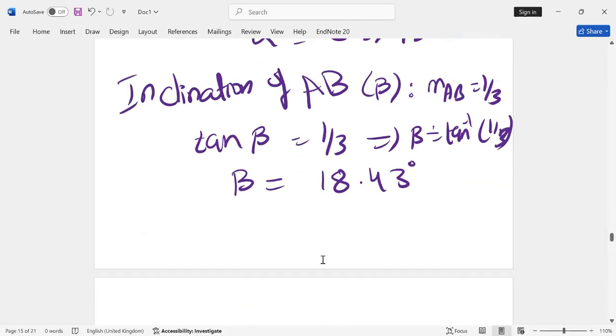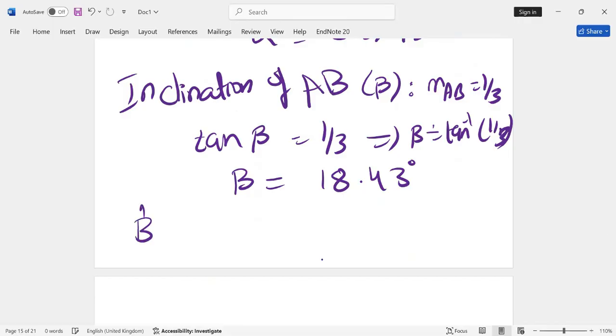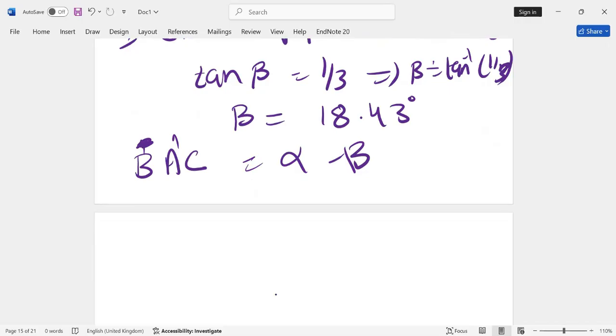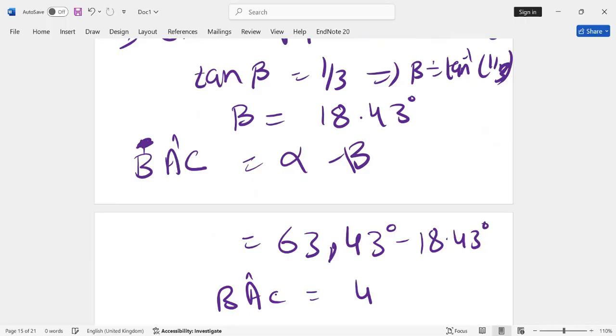So we have to calculate angle BAC. We have BAC equals alpha minus beta, as we wrote at the start. So the alpha value is 63.43 degrees minus 18.43 degrees, and we have the angle BAC equals 45 degrees, and that is the required answer we have to find in this question.